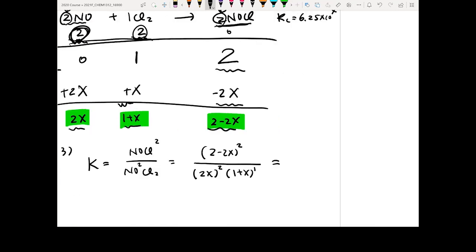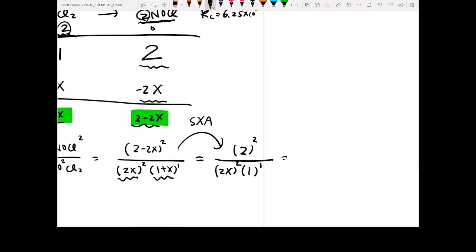Here is the part where we do the small x approximation. 2 minus 2x is approximated as 2, so your numerator will be 2 to the second power. The denominator will be 2x squared. 1 plus x is simplified into just 1. This whole thing needs to equal 6.25 times 10 to the 4th power.